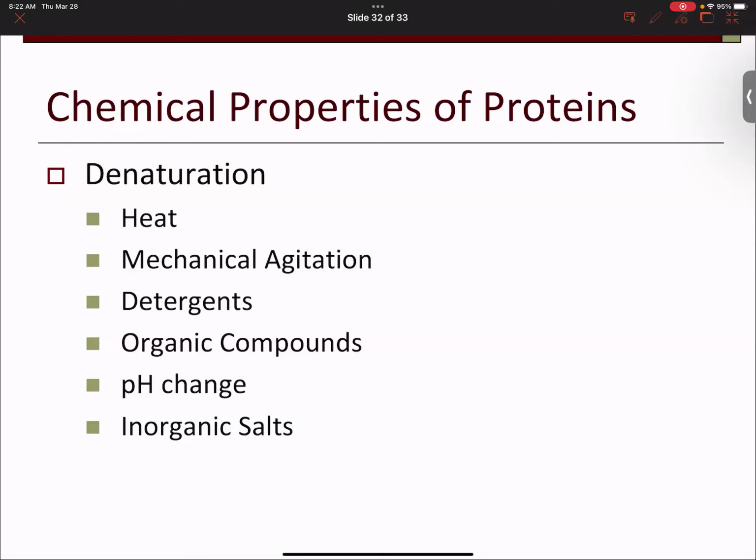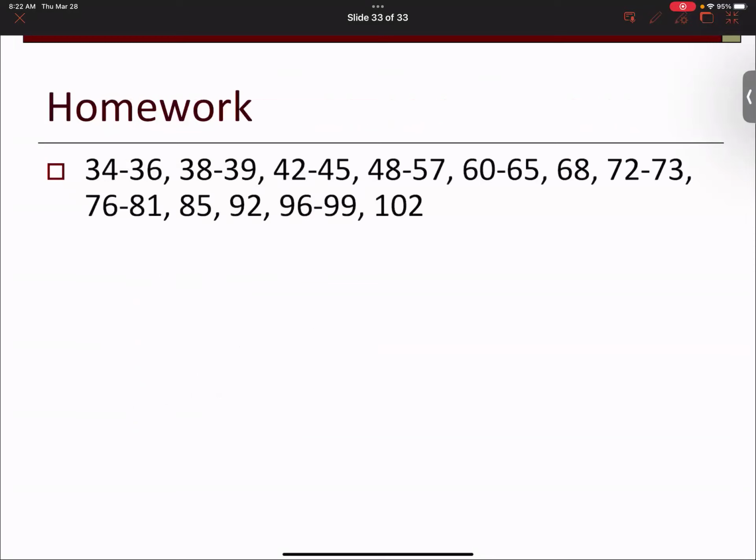Technically, I guess even denaturation can interrupt the quaternary, but basically it does so by screwing up the secondary and tertiary. Questions? Okay.